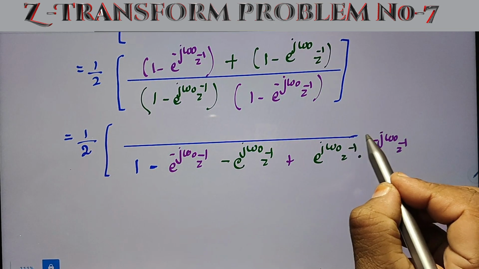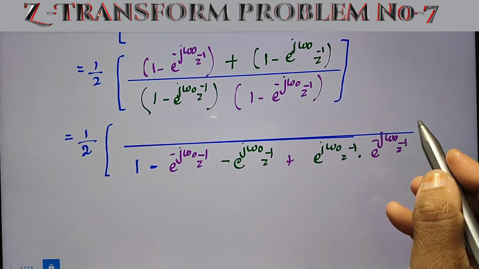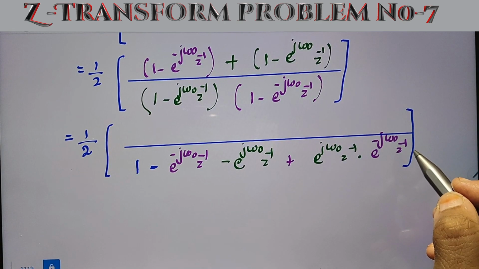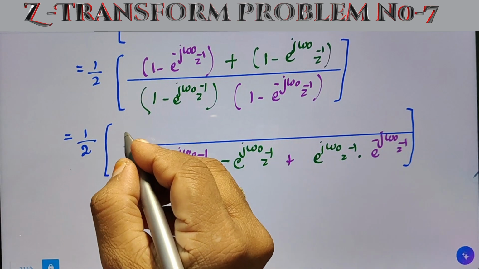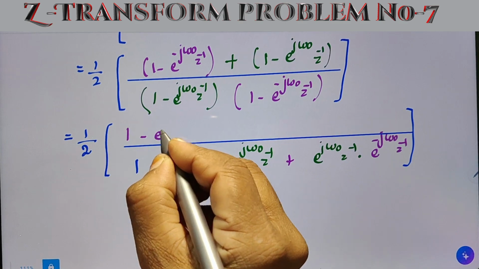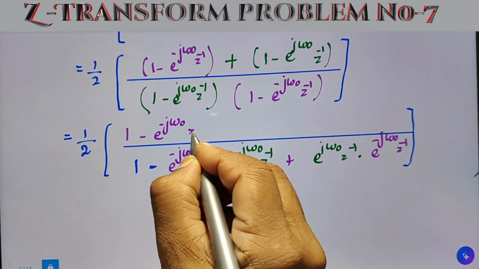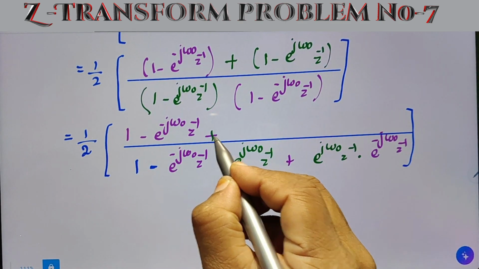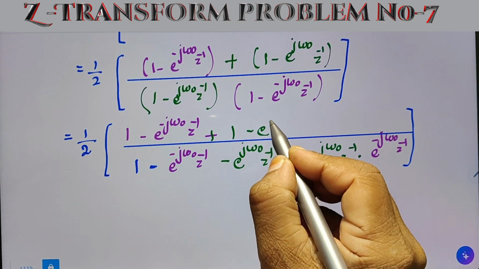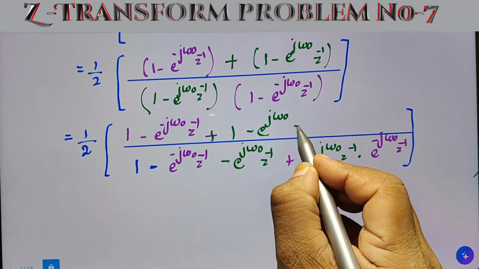Okay, so the denominator term is over. Likewise for the numerator term: 1 minus e power minus j omega naught into z power minus 1, next plus 1 minus e power j omega naught into z power minus 1.